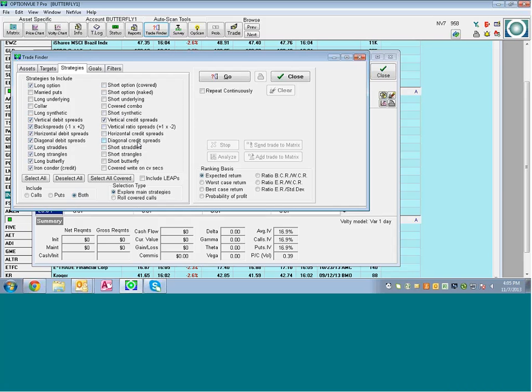You can do credit spreads, diagonal credit spreads, short straddles, strangles, butterflies, covered rights on convertible securities, and you can even include leaps if you want leaps included in the trade finding ability.